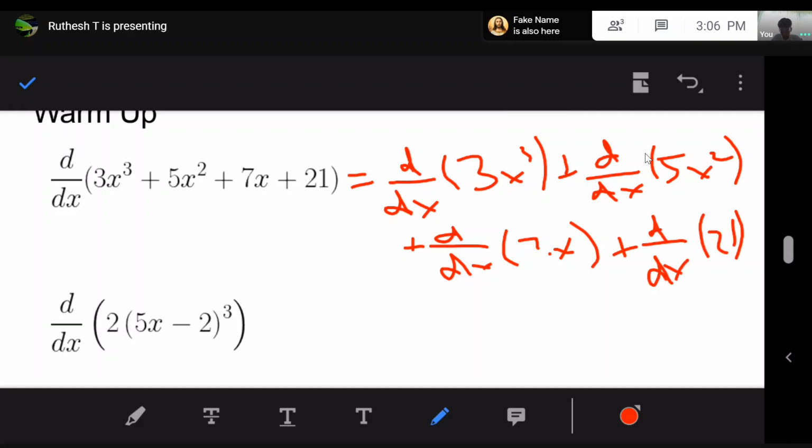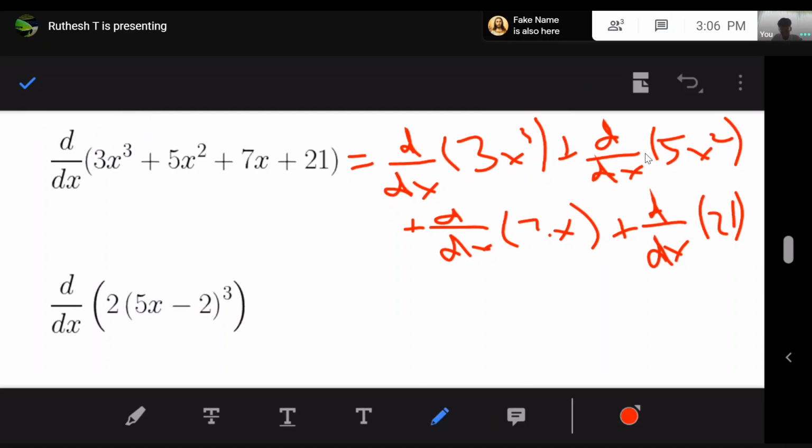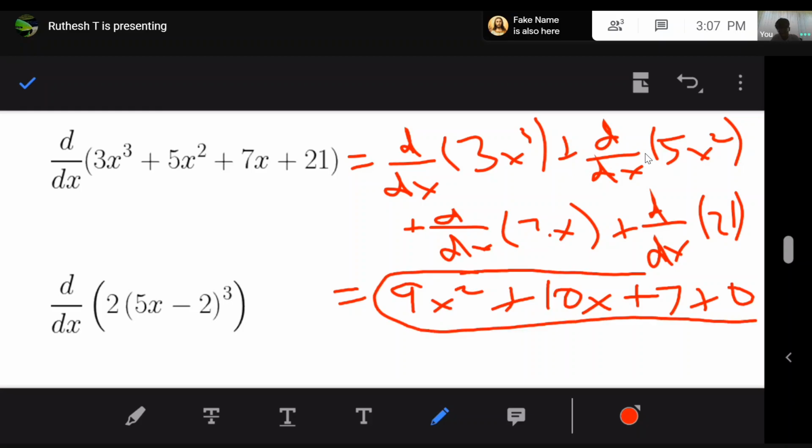We can compute these individually and just sum up the terms. To find the derivatives, all we have to do is use power rule. You multiply the exponent by the coefficient and then subtract 1 from the exponent. When we do this, we get 3 times 3, 9x squared, plus 5 times 2, 10x, plus 7. And then the derivative of a constant is just 0. So this is the derivative that we end up with.